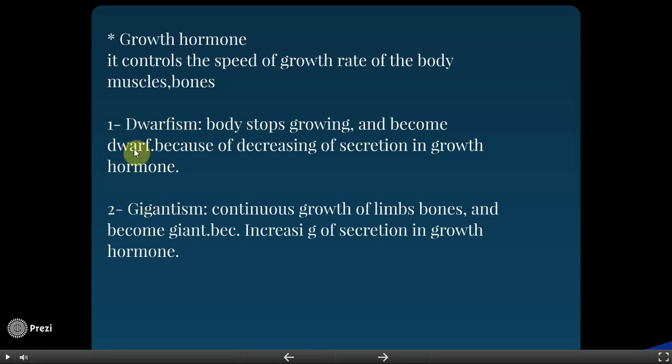Dwarfism, the reason for it: a decrease in the secretion of the growth hormone in childhood, while gigantism is an increase in the secretion of growth hormone in childhood.